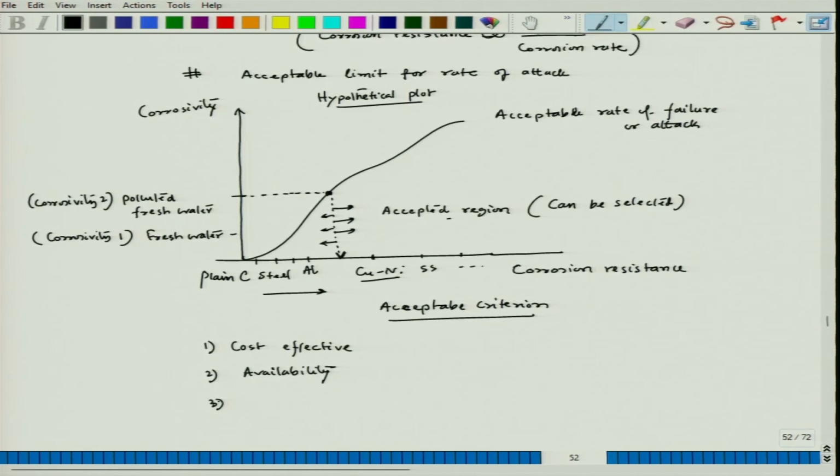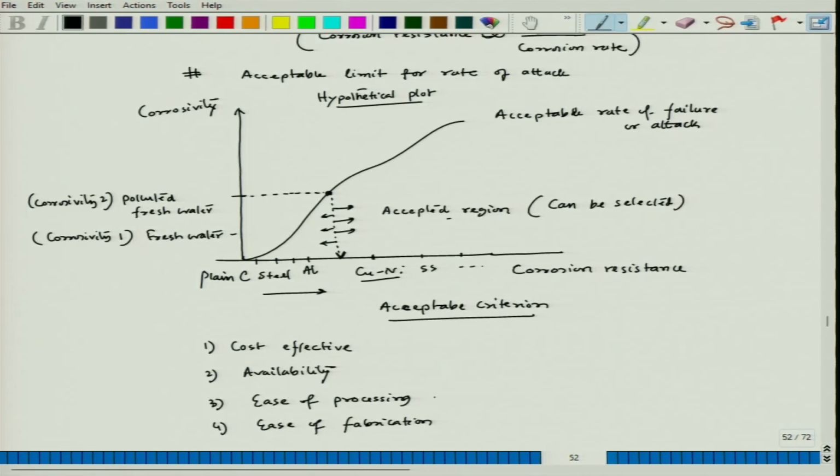Then third one is, you can actually think about the processing, as well as fabrication. Fourth one is ease of fabrication. Now, processing, let us understand what is the meaning of this processing.